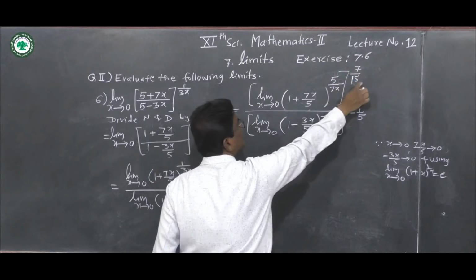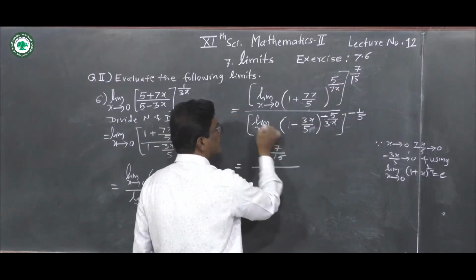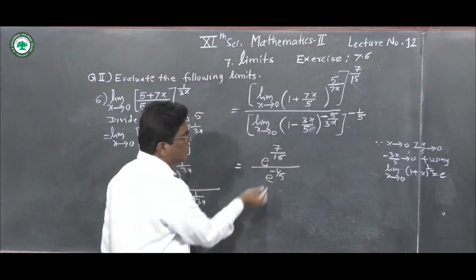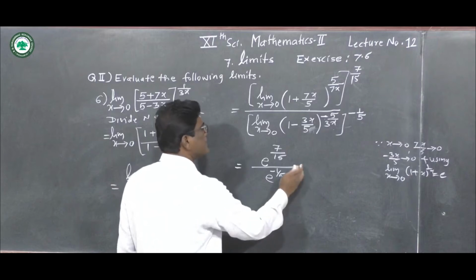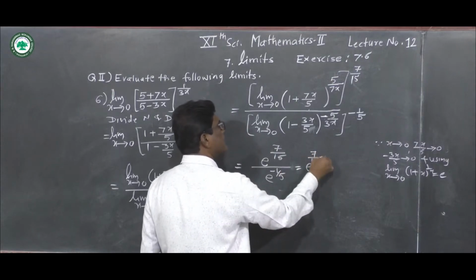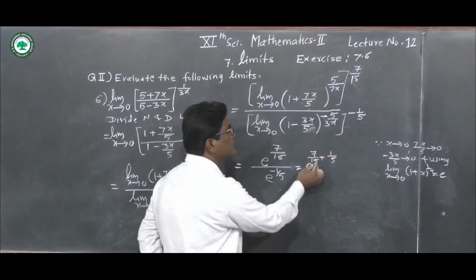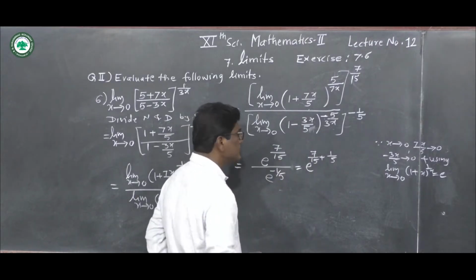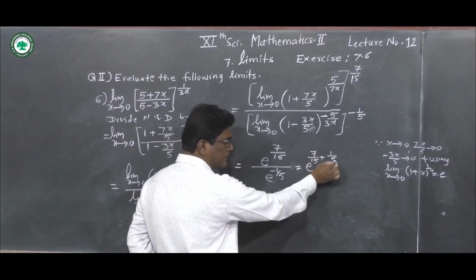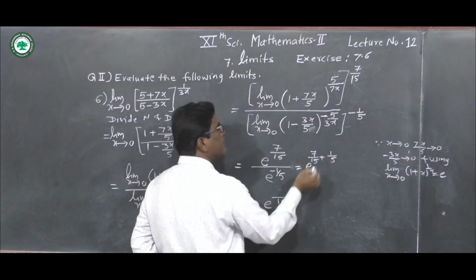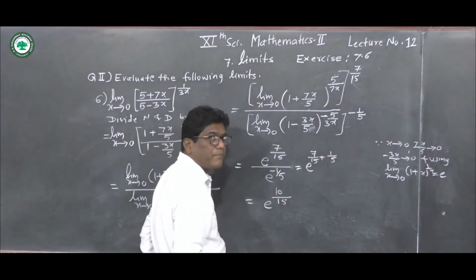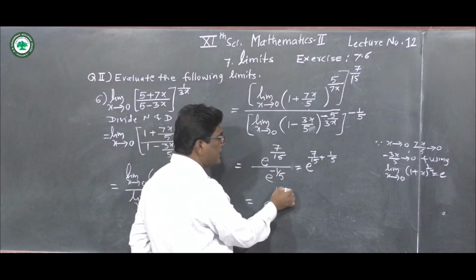So we get e to the power 7/15 divided by the square bracket e with power minus 1/5. Carrying this power minus 1/5 to the numerator, it is equal to e to the power 7/15, this minus becomes plus, so plus 1/15. Now to add, the denominator should be the same, 15. Multiply 1/5 by 3 to get 3/15, and 3 plus 7 is 10, so it is 10/15, which divided by 5 is 2/3.